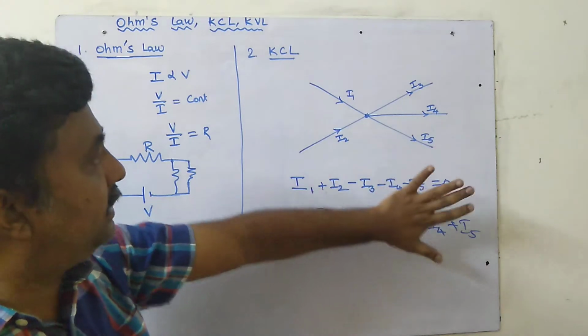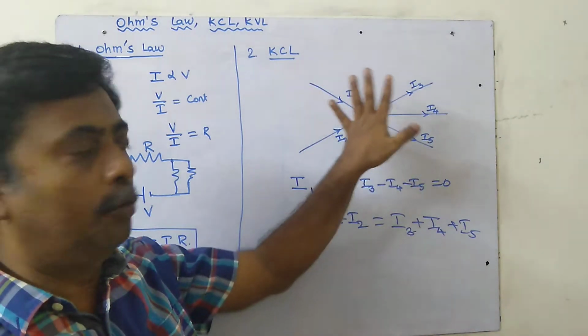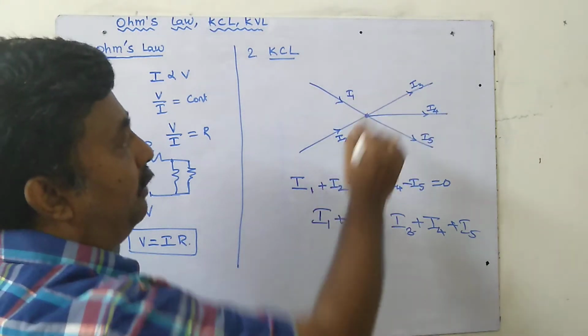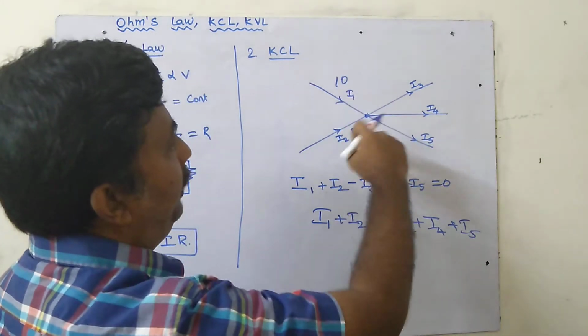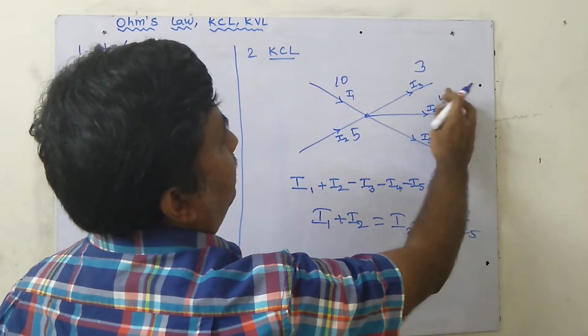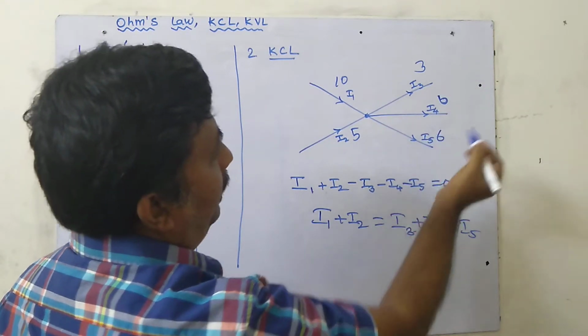Suppose it is a 2 mark question or 1 mark question. For a 2 mark question, you have to substitute some values. For example, here I can put 5, 10, so I have to put 15. Suppose here it is 3, here it is 6, 6 plus 9, so here automatically it will be 6.